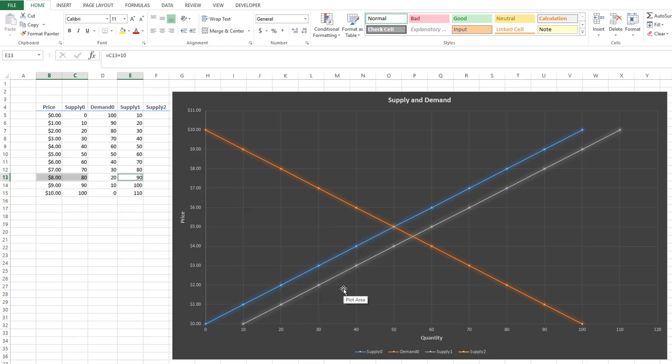Maybe the prices of hamburger ingredients went down, so we can lower our prices. Maybe technology increased. Maybe we have robots making the hamburgers now really cheaply.